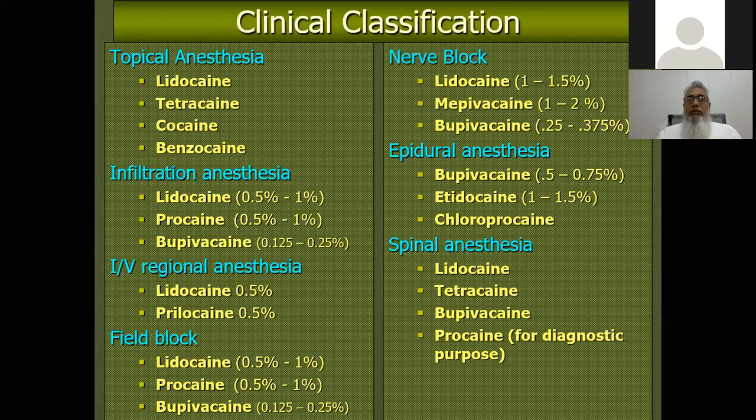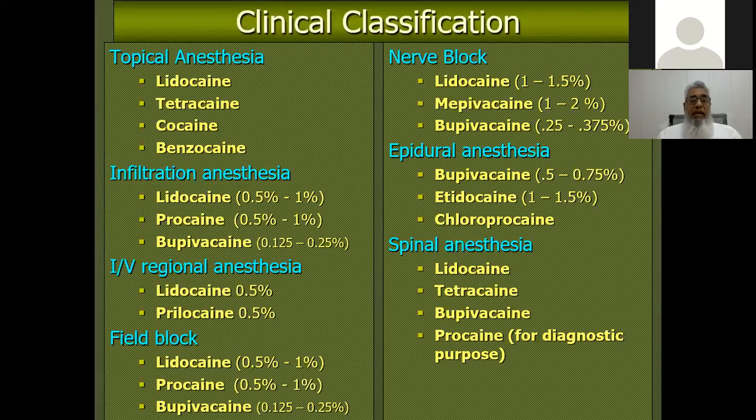At the end, we just look at the clinical classification of local anesthetics and how they are used. First of all, topical anesthesia. We have discussed that topical anesthetics may be applied to the skin or the mucous membranes for oral surgery, nasal surgery, urethral surgery, or they can be used in sports injuries and for minor surgical procedures.